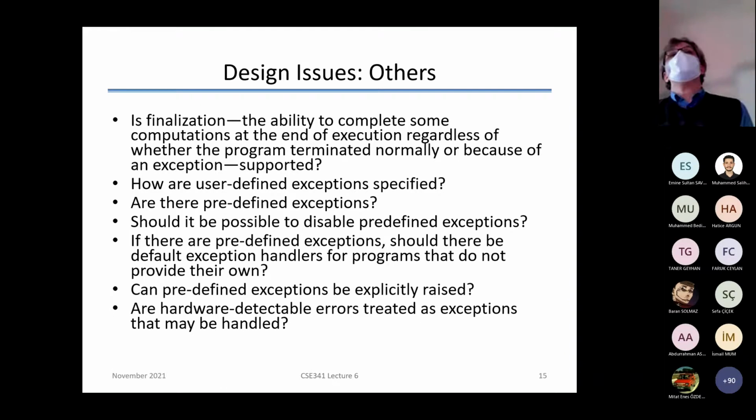So I'm talking about the mechanism. I'm saying, okay, yes, I have a division by zero exception, and I normally ask you to write a handler for it, but you can also disable it so that you don't need to write a handler. Flexibility, of course, right? So you don't want to always deal with the exception, but there is the first decision that you made. You said it is important for me to have these exceptions handled.